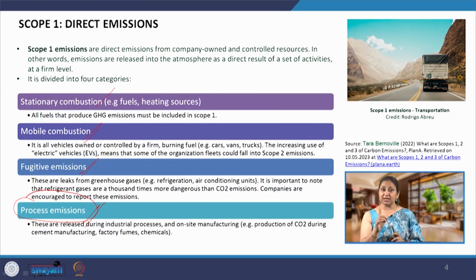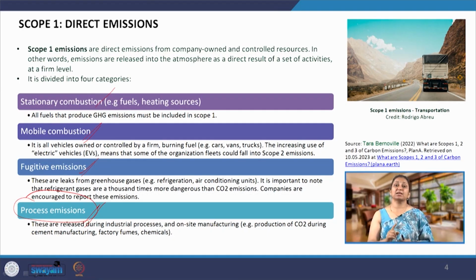Now, these gases are inside a closed loop, but there are chances that they might leak. Often at home also you might have observed cases where the gas from your air conditioner leaks and the air conditioner stops working. One, we are consuming electricity to run that air conditioner, which is coming from somewhere, that is one type of emission going into scope 2.